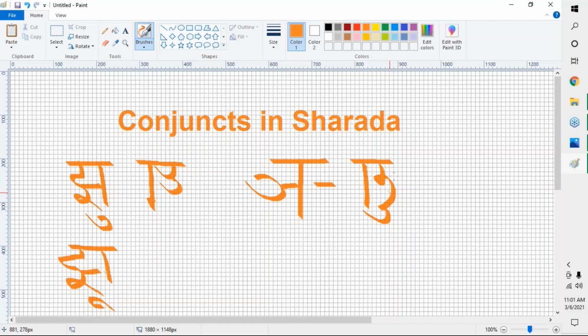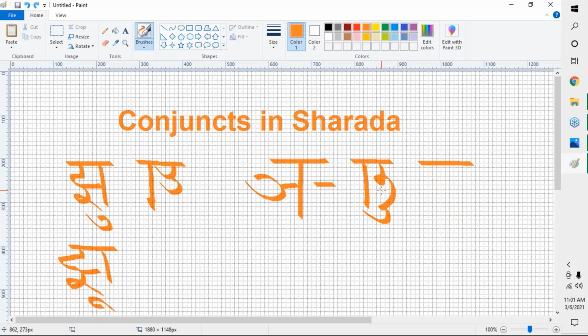So similarly, when we were drawing G, U was not on the left, U was on the right. I realized it after I finished my class. So the U matra is always on the right hand side. So this is Ju.